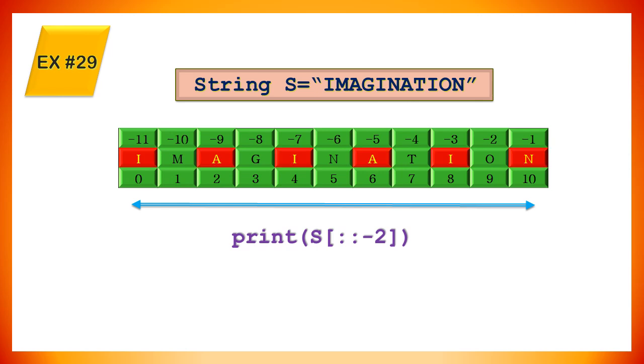So followed by 8th index, followed by 6th index, 4th index, 2nd index and 0th index gets created. And in the output we can see the output comes from right hand side to left hand side because negative value has been provided in step. So NI, AI, AI appears in the output. So when we see that the negative value has been provided, we have to understand that the selection of indexes will be done from right hand side to left hand side. Now no start value and end value has been provided, so we consider the start value as the last index, which is index 10, and the ending index will be the first index, that is index 0.